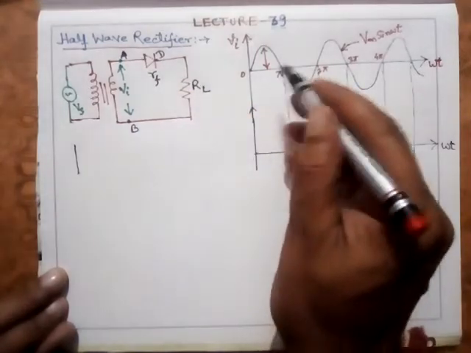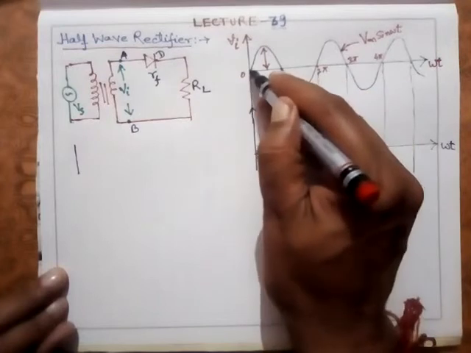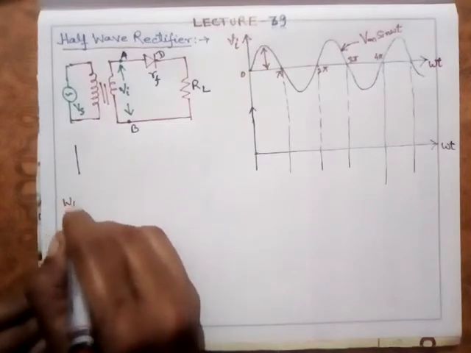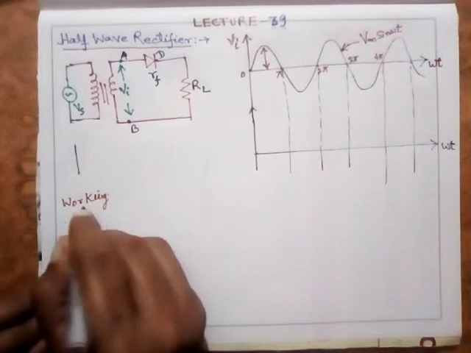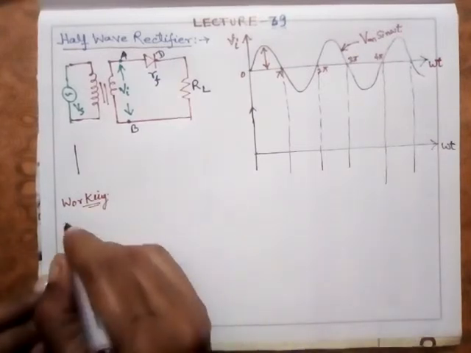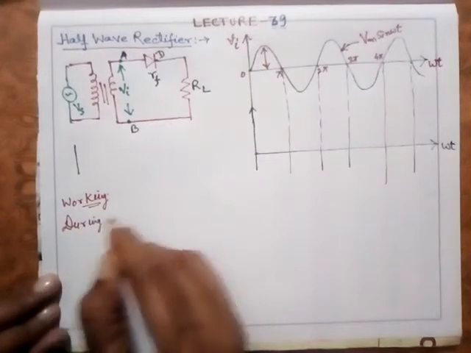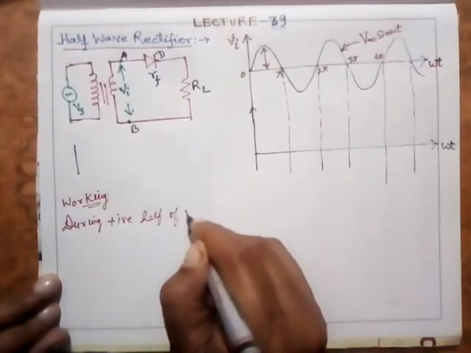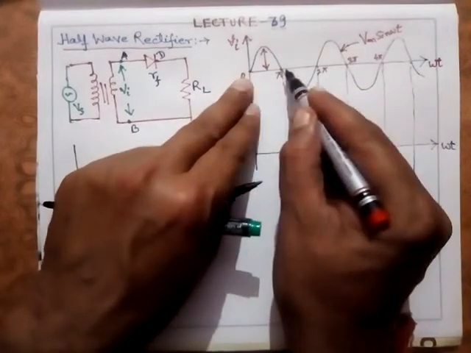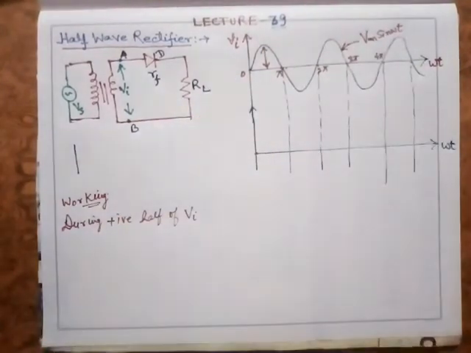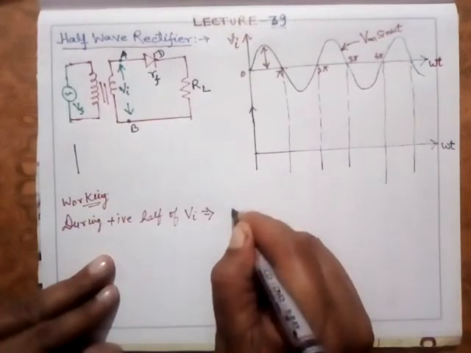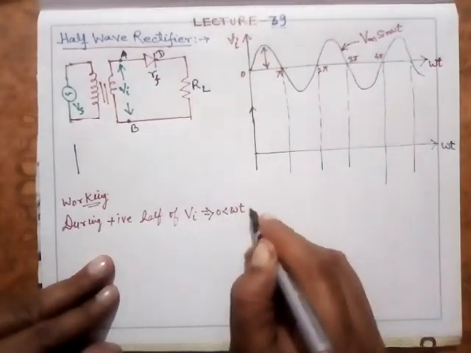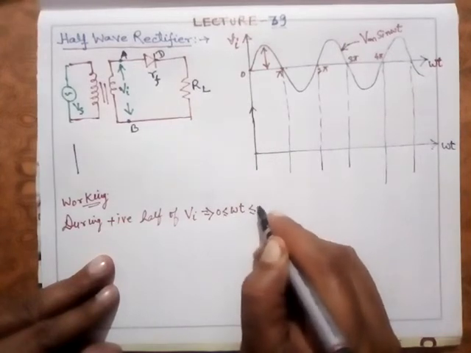Now suppose I say that during the positive half of this input Vi, let's say working of this, during the positive half of Vi, positive means during this half, that is when omega t is between 0 and pi.